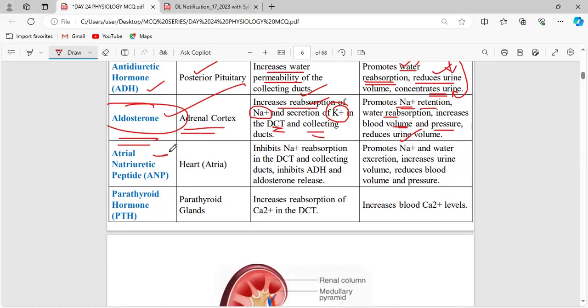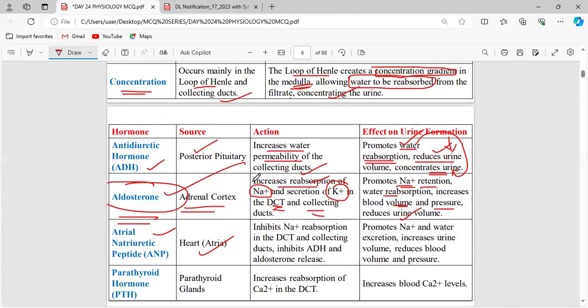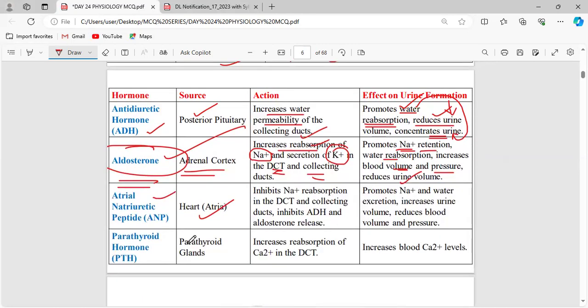Now, what is atrial natriuretic peptide? It is given out by the heart. Now, what is the action done by this ANP? See, this slide is very, very important. This ANP will inhibit the sodium reabsorption in the DCT and collecting duct. So you should know that this ANP is antagonistic to which hormone?